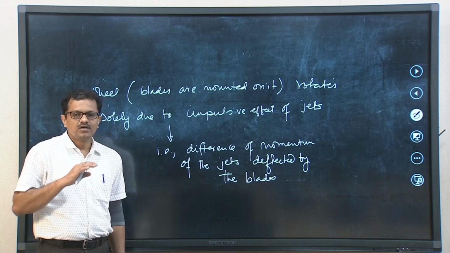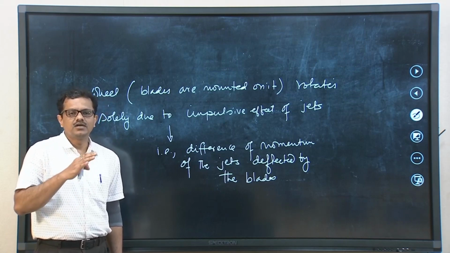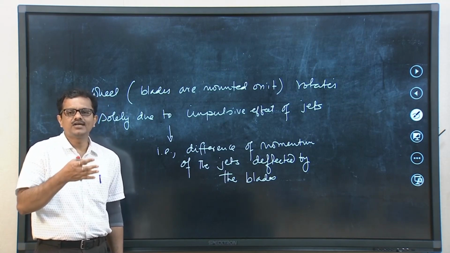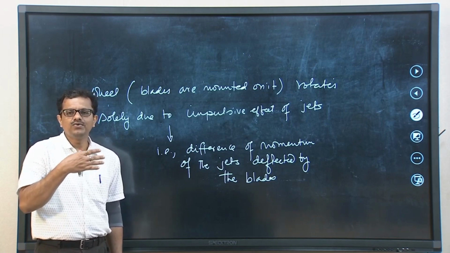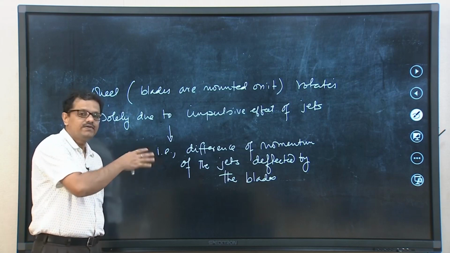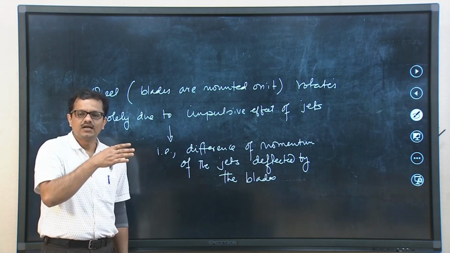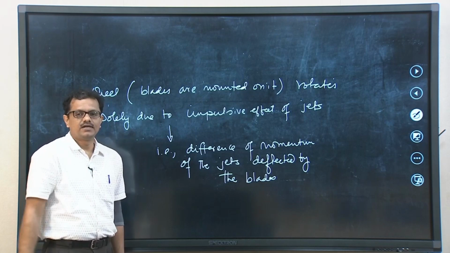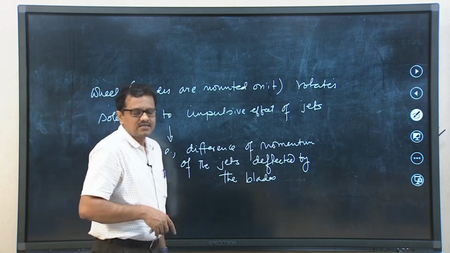That means the blades are mounted on the wheel, and the wheel rotates solely due to the impulsive effect, that is, the difference of momentum of jets deflected by the blades. So, this is the impulse turbine.